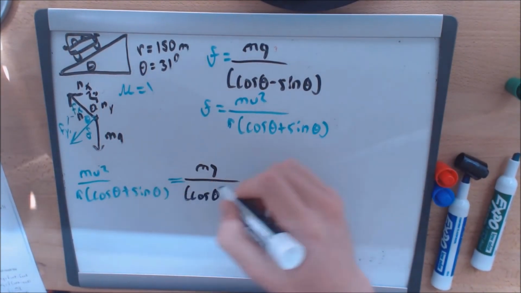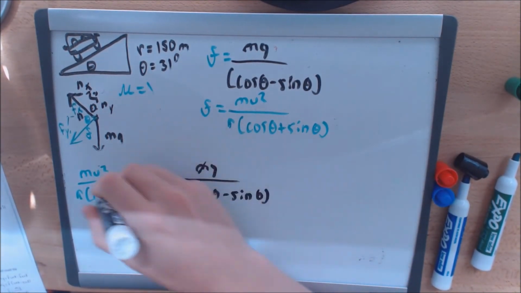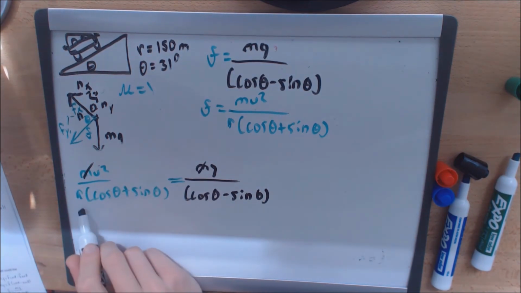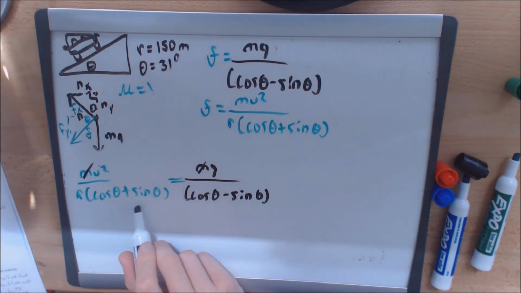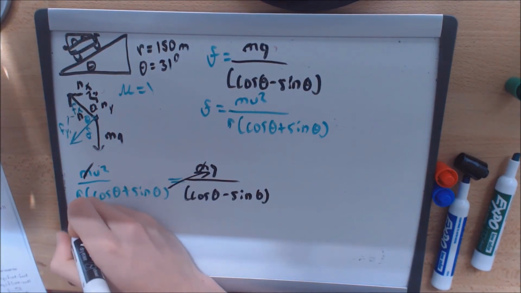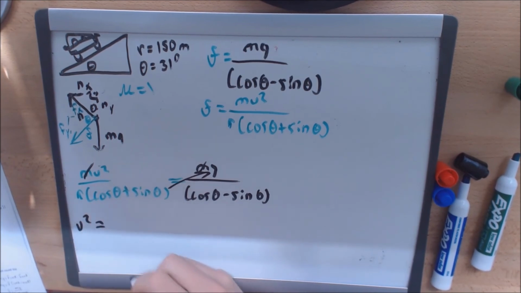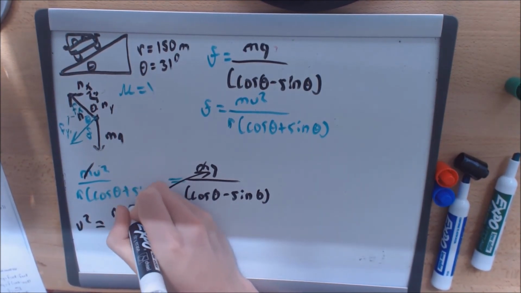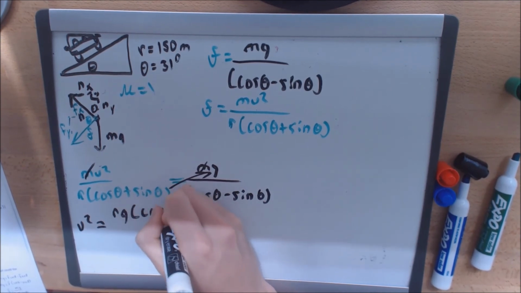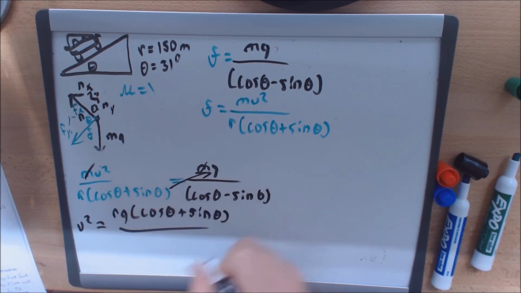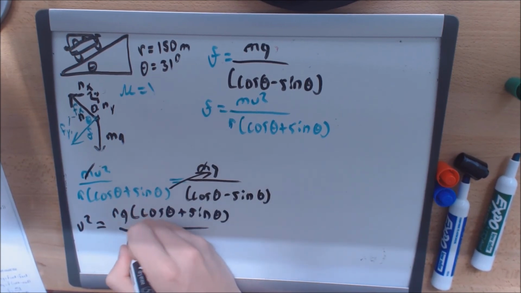We have an m on both of these sides, so I'm going to get rid of it. Then if we cross multiply, v squared is equal to this big old fraction, rg times cosine theta plus sine theta over cosine theta minus sine theta.